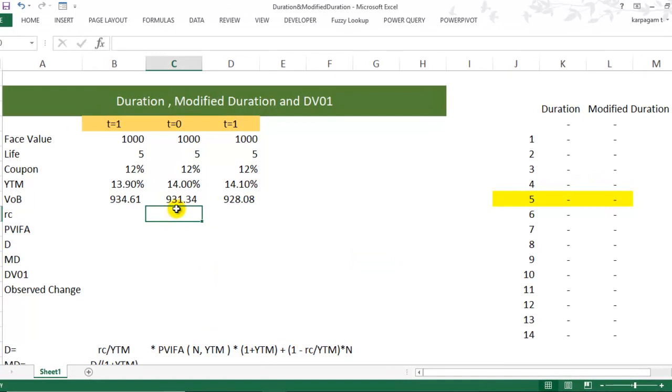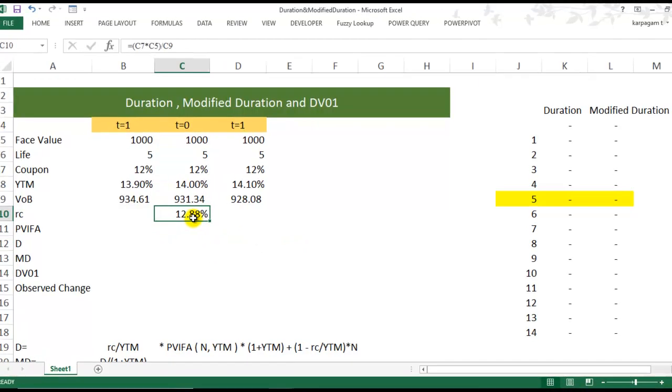Firstly, we need to calculate what is the return that we are earning just looking at the coupon that we receive every year and the bond price. So I'm receiving 120 rupees coupon on the bond price of 931. That is 12.88% is my return.